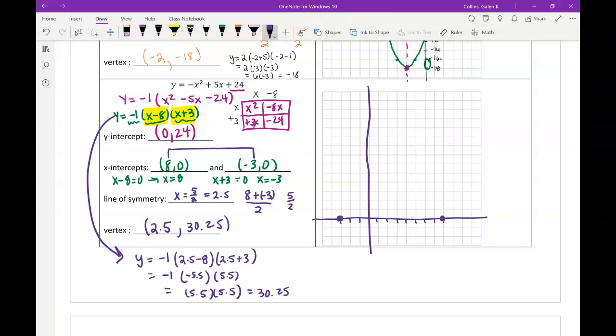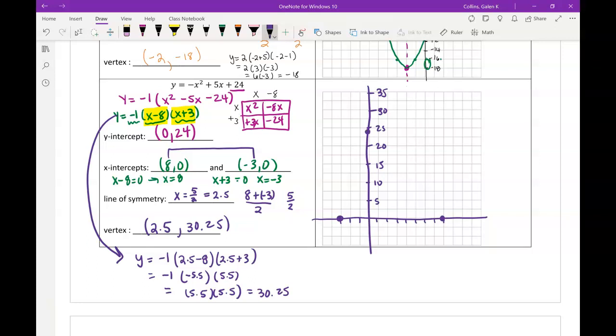You know what? I'm just going to count by fives. We're just going to rough this. So I'm going to say 5, 10, 15, 20, 25, 30, 35. And we're just going to do our best approximation. So if our y-intercept is at 0, 24, that's about here.